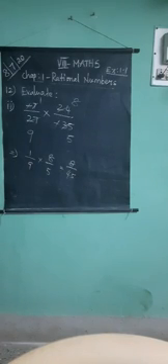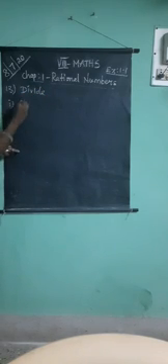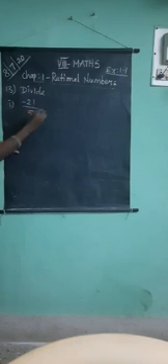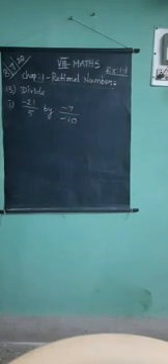Any doubt? Okay. Next, division. First sum is minus 21 by 5 divided by minus 7 by 10.